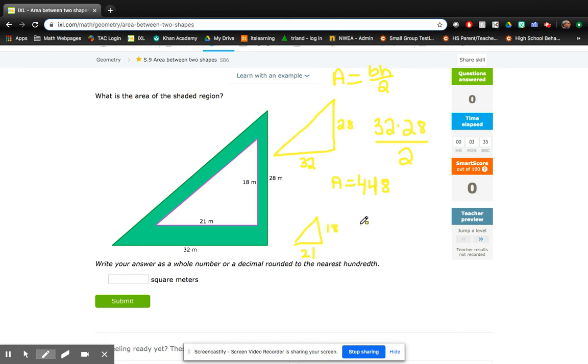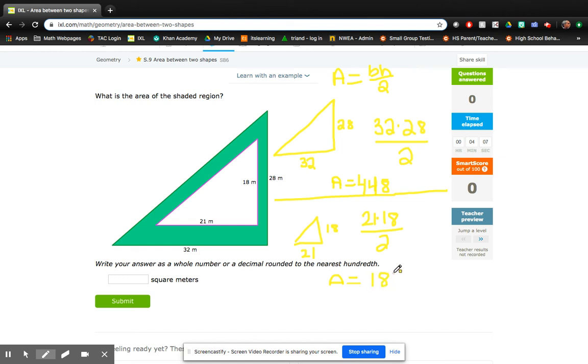And so my area is going to be base times height divided by 2. I've got two problems here. I should have changed colors, but you get the idea. And so the area of the white triangle inside will be 21 times 18 divided by 2, which is 189.